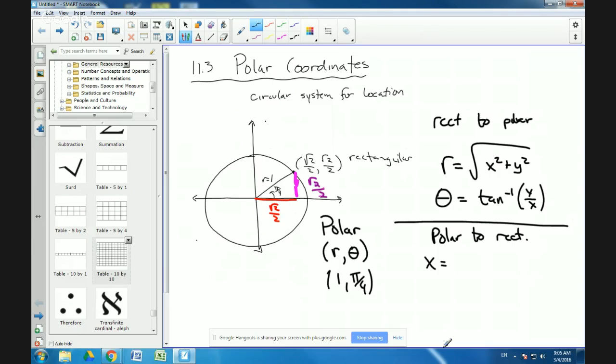Cosine. Yeah. Cosine theta, remember, is x over the radius, right? So x is r cosine theta. What would the y be? r sine theta.